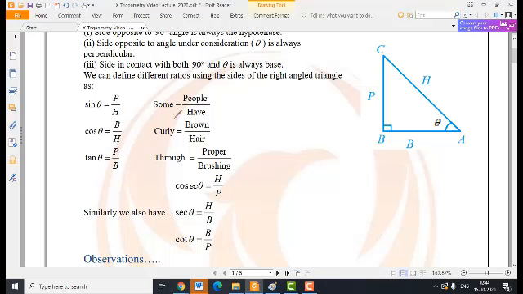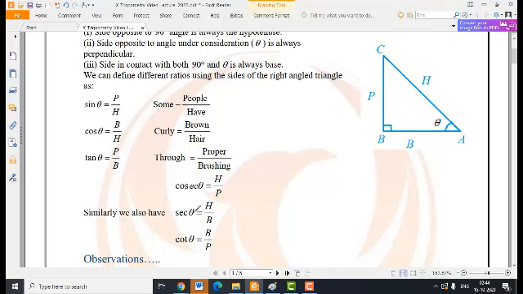Now if we talk about the ratio of p by h, we can also define the ratio as h by p. So similarly we have three more ratios which are the reciprocals of the first ones. h by p is termed as cosecant theta, h by b is termed as secant theta or sec theta, and b by p is termed as cot theta.